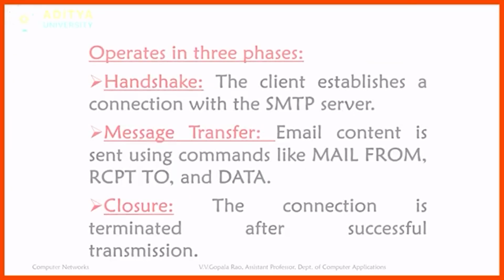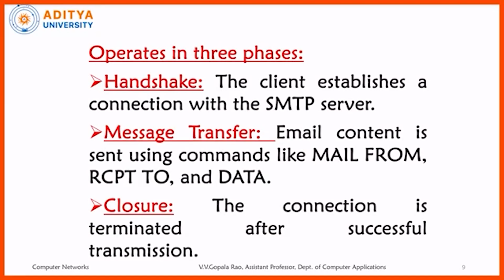The other important factor is how it covers the sending and receiving phases. SMTP follows three phases of operation. One is called the handshake. That means the client establishes a connection with the SMTP server.